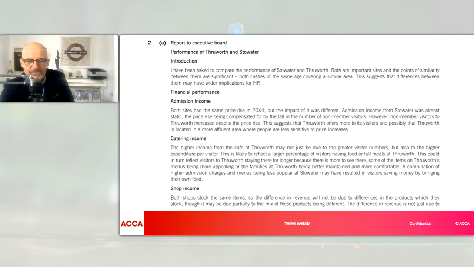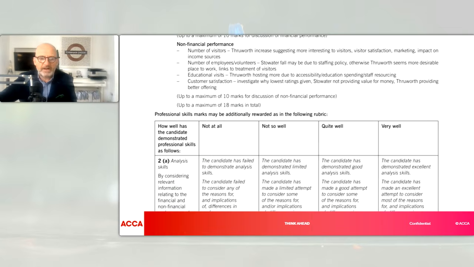They use comparison. So you can see in the first line here, both sites have the same price rise, but the impact of it was different. For Stowater, there was no impact. So anyway, there's a comparison going on there. I appreciate we might not be fully familiar, but please, after this, go and have a look. In the same way, on 1A, we've got marking schemes.